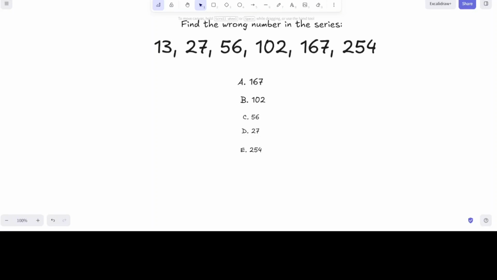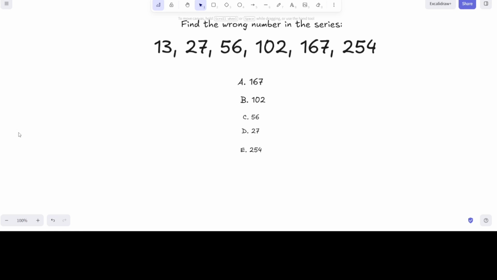The next question is: find the wrong number in the series 13, 27, 56, 102, 167, 254. Let's solve this.